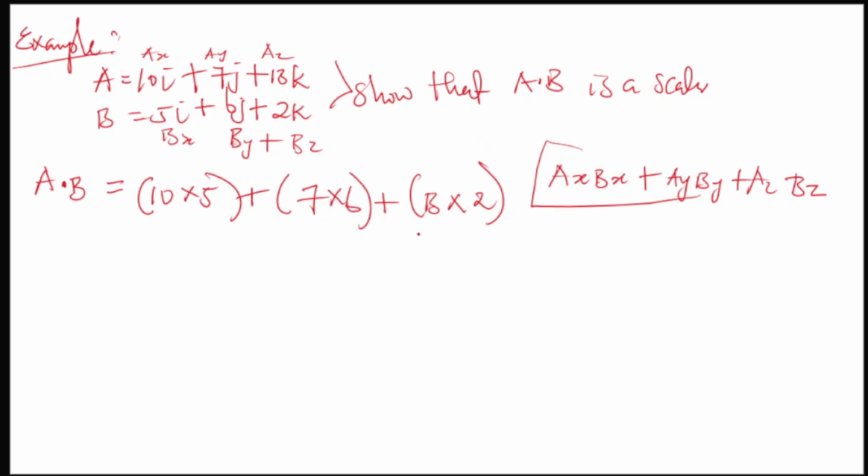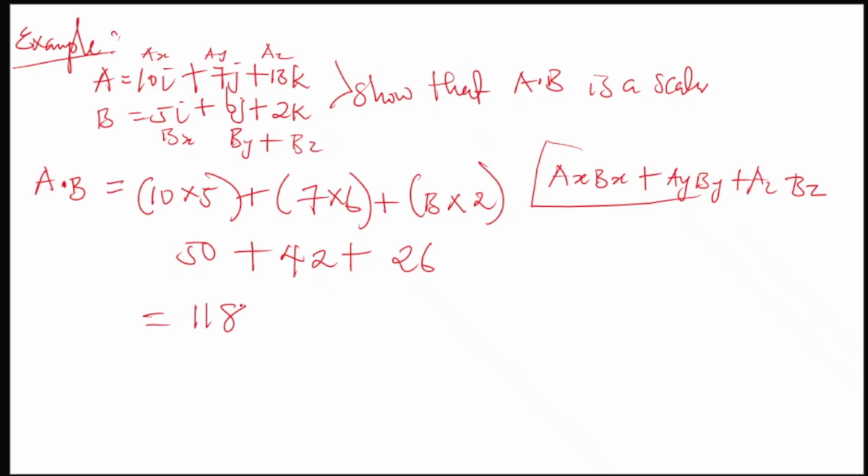Now if you apply this concept and you punch your calculator, 10 times 5 will give you 50. Then 7 times 6, I think this is 42. And plus 13 times 2, I think that's 26. So you punch your calculator, 50 plus 42 plus 26, and that will give you 118.